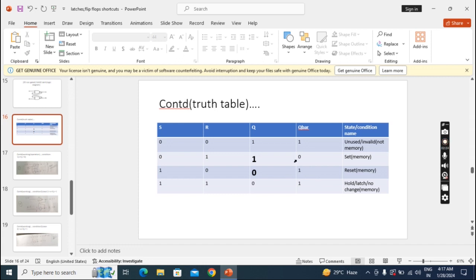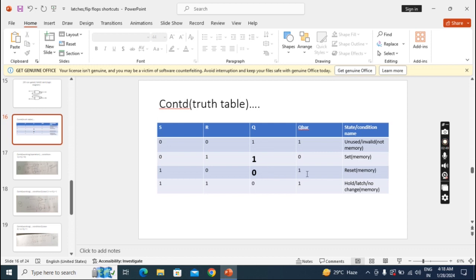In this condition I got 1 0. Whenever we get 1 at Q, we consider that 1 is stored. 1 means set. But why are we not considering Q bar? This Q bar is just the complemented version of Q. Both are the same, that's why we are considering only one.